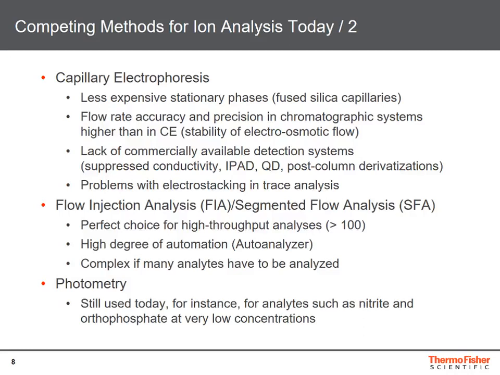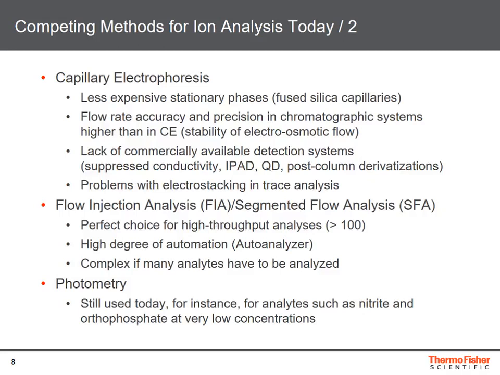However, the system might be a little more complex if many analytes have to be analyzed simultaneously, and we should also not forget that flow injection analysis or segmented flow analysis is nothing else but automated wet chemistry with exactly the same problems which we have observed in wet chemistry more than 40 years ago, before the introduction of ion chromatography.